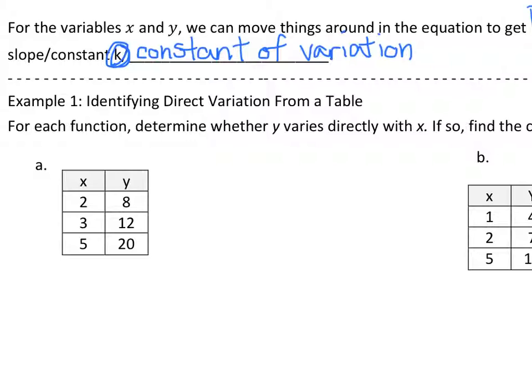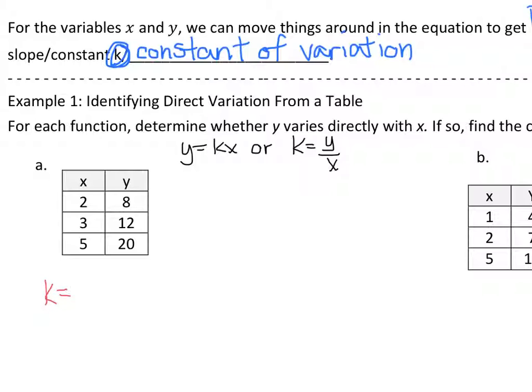We know that if it does, then y will equal k times x, or k equals y over x. For these 3 points, 2, 8, 3, 12, and 5, 20, if k always equals the same number for those 3, then it varies directly.